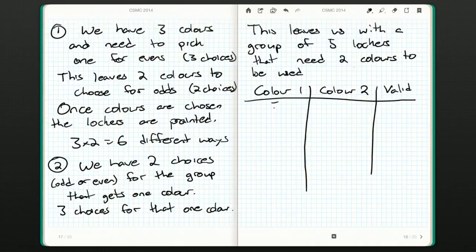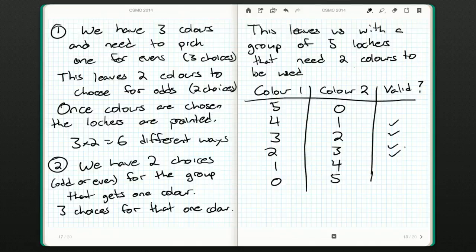We could have all 5 lockers be color 1, and none of the lockers be color 2. We could have 4 of them be color 1, and 1 of them be color 2. 3, 2, 2, 3, 1, 4, and then none of them could be color 1, and 5 of them could be color 2. Now these 4 in the middle are all valid, but these 2 are not.